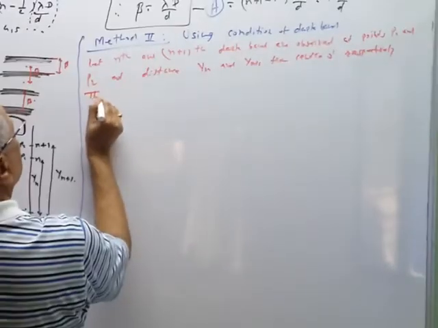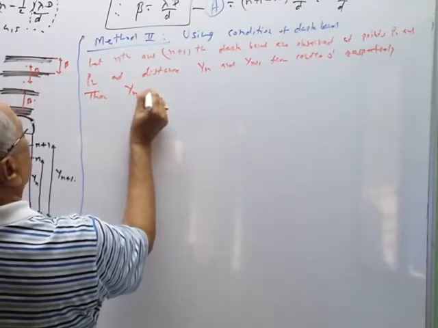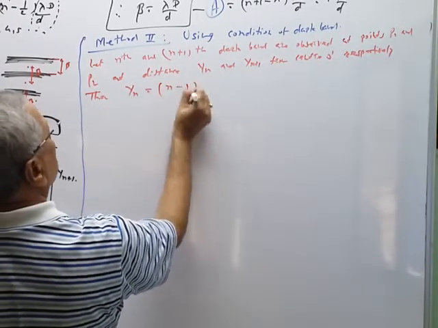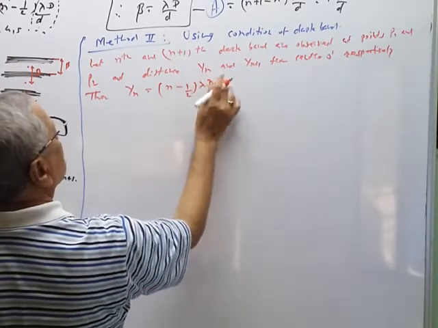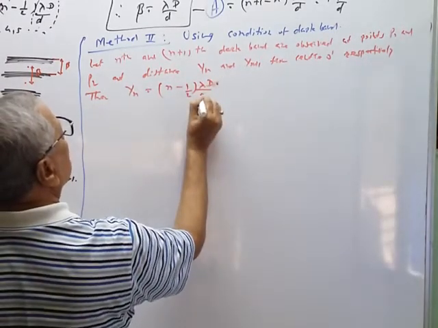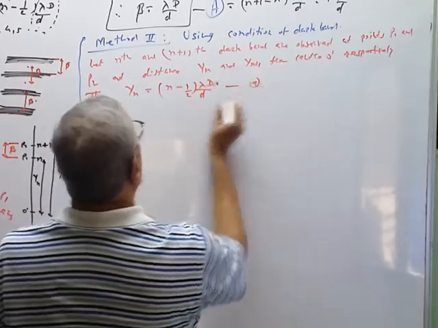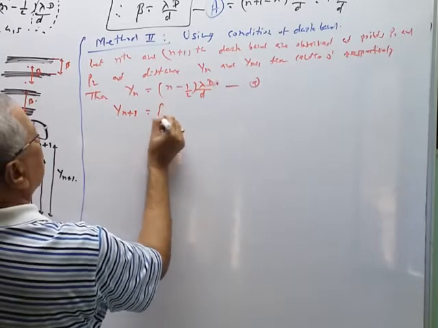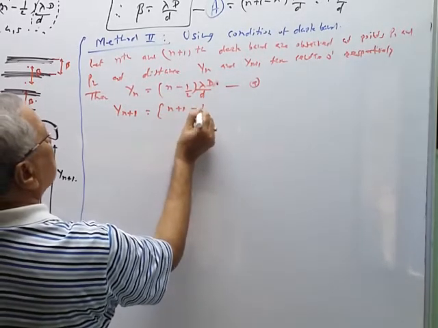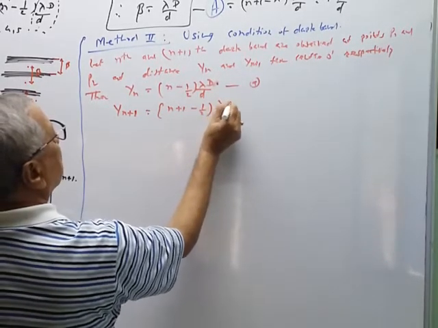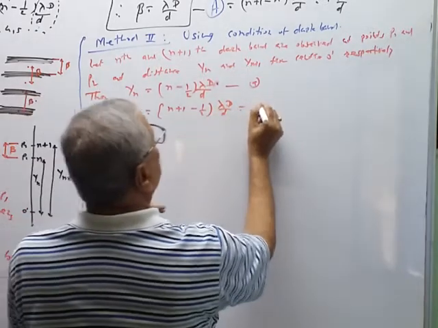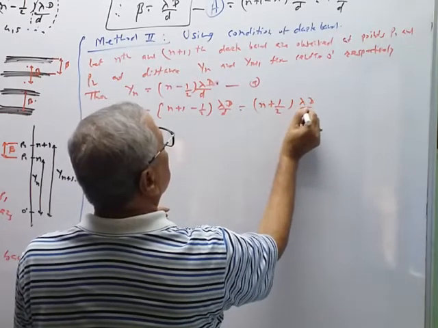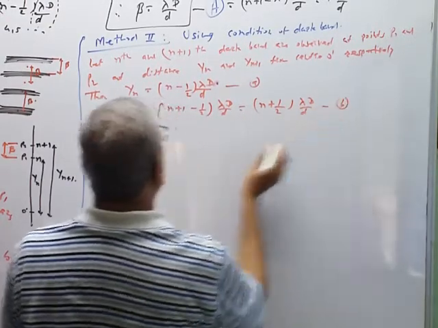Then yn is equal to the distance of the nth bright band, n minus half, lambda capital D upon small d. Equation A. Distance of the nth dark band is n plus 1 minus 1 half, lambda capital D upon small d, so that is equal to n plus half, lambda capital D upon small d. This is equation B.